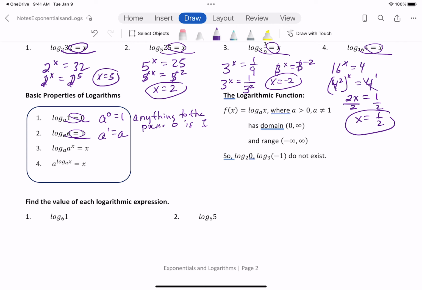Now these last two, they're not going to come into play very much. But if you look at number 3 in relation to number 2, you notice, let me take this out for a minute. For this one, those were the same. And they're also the same here.